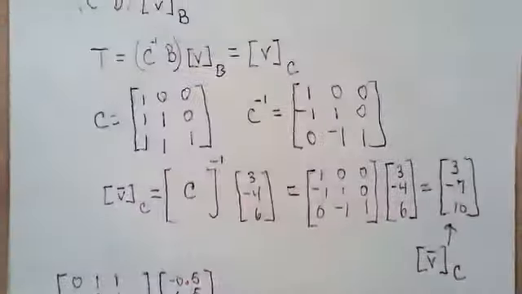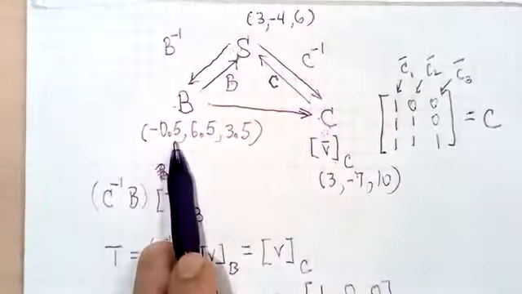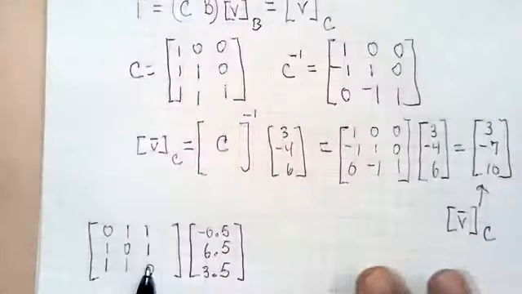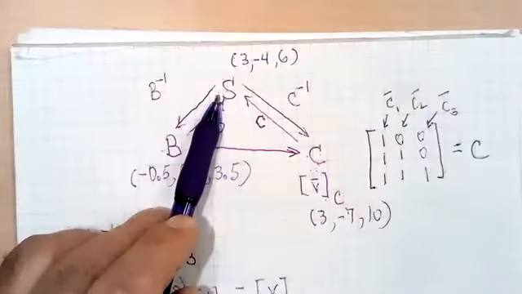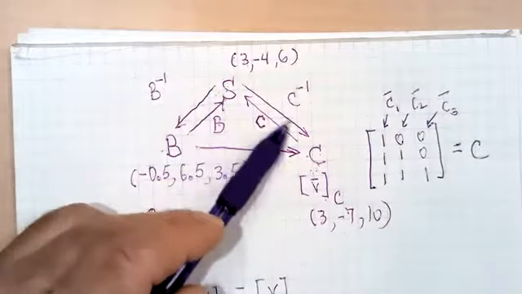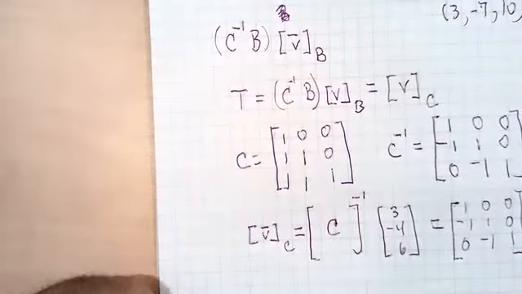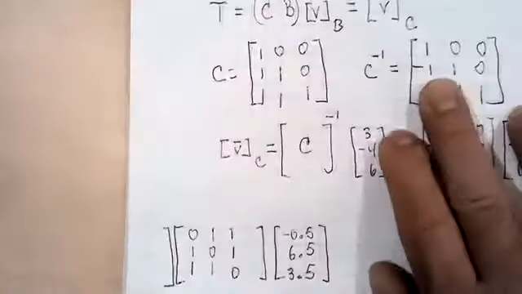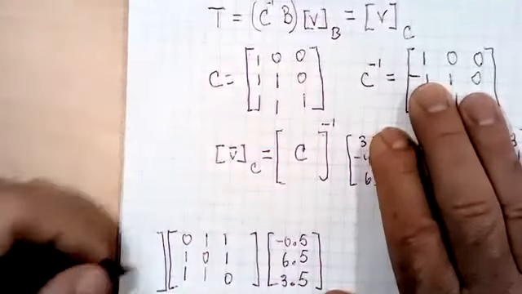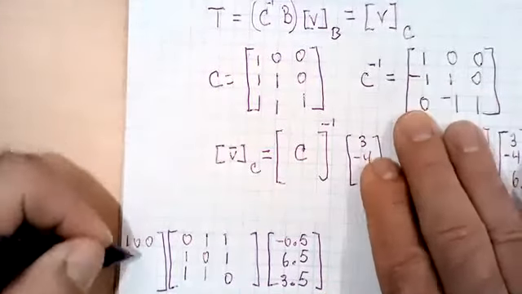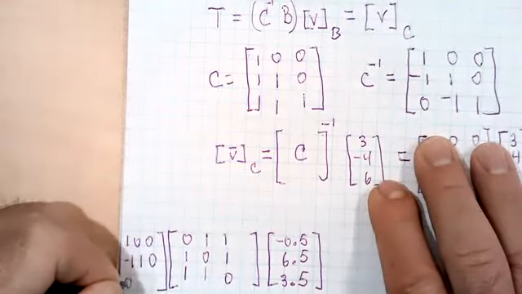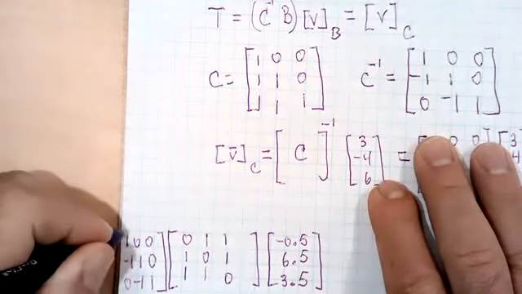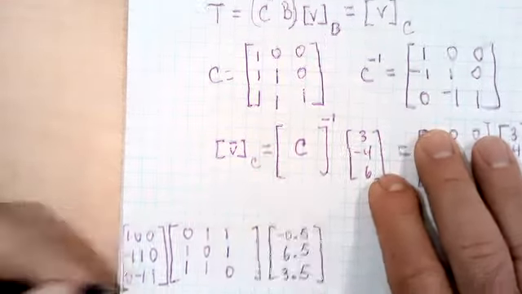So if I start in coordinate system B, multiply on the left by the B matrix, that's going to put me back to the standard basis. Then if I multiply on the left by C inverse, which I've pre-computed, 1, 0, 0, minus 1, 1, 0, 0, minus 1, 1, and I need a bracket there.